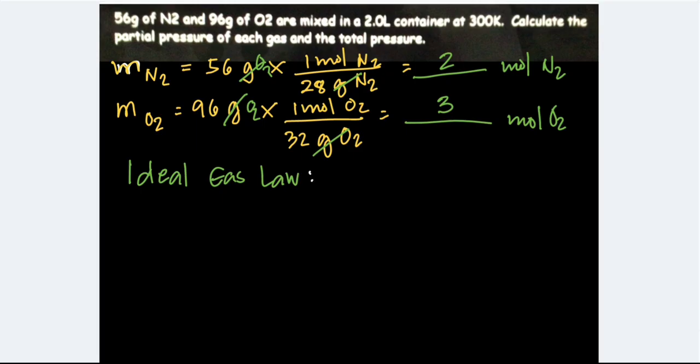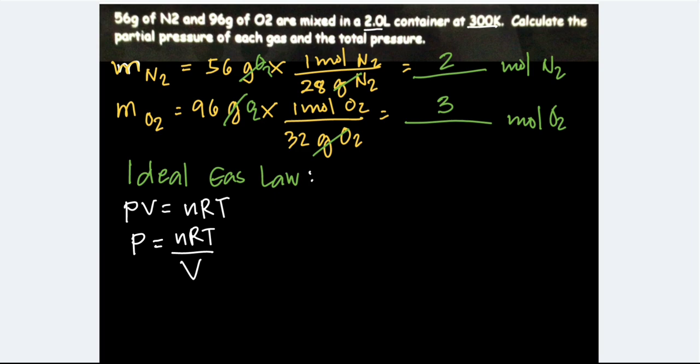We're given the volume and we're given the temperature. So we use the ideal gas law, PV equals nRT, and we find the pressure. So that is nRT over V.